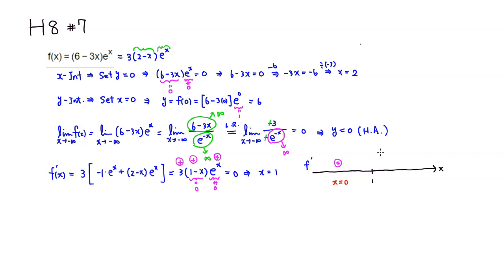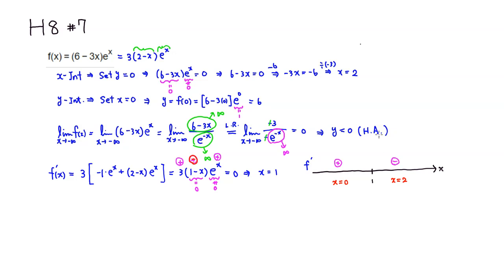And if you go beyond 1, we can try a sample number, x equals 2. Then here's the difference. 3 is positive, e to the 2 is positive, but the 1 minus x is going to be negative. So positive times positive times negative is going to be negative.